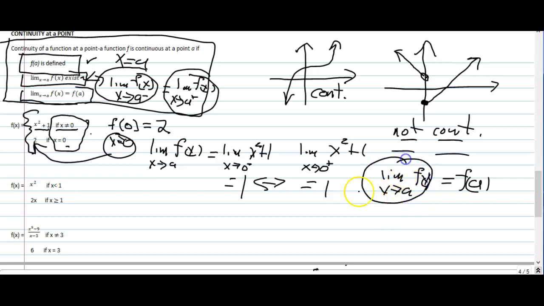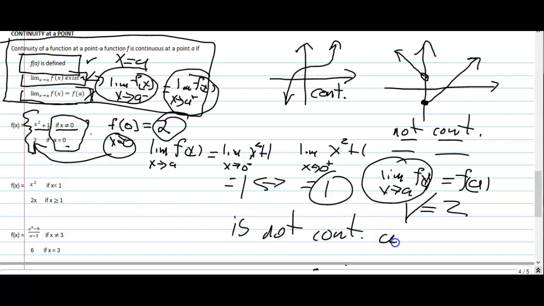The ordinary limit is 1, and f of a is actually 2. And 1 is not equal to 2, so it fails to meet the third condition of our definition of continuity. So therefore, this function is not continuous at x equal to a.